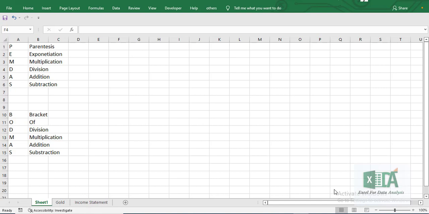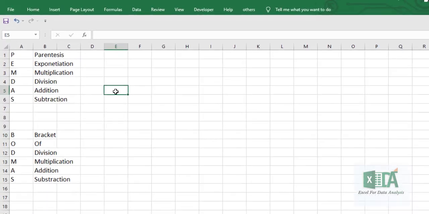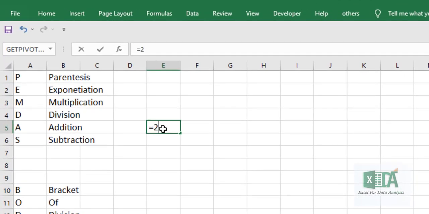For example, in mathematics, when you have equals to 2 times 3 plus 2 plus 6, it will surprise you that when you have brackets in different positions, you will arrive at different answers.